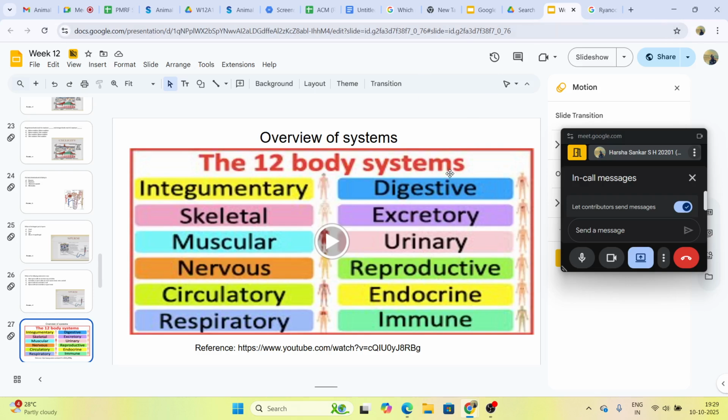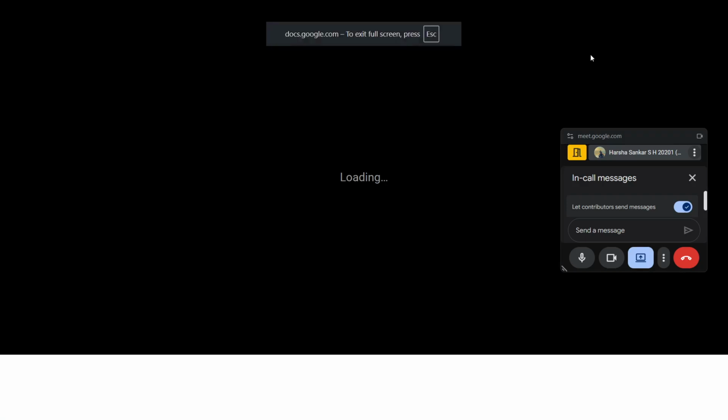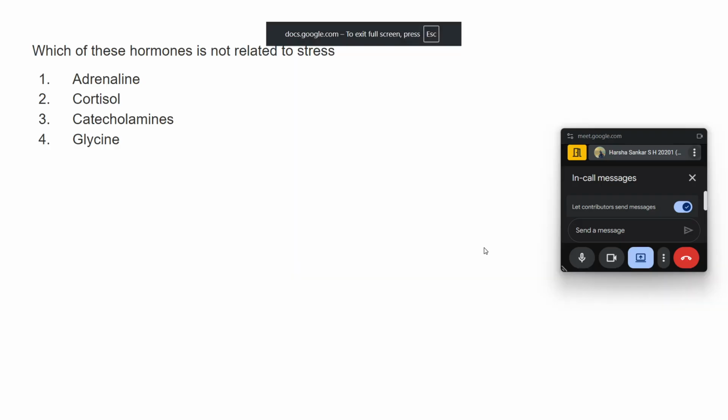So let's see some more questions. Which of these hormones is not related to stress? Option A, adrenaline. Option B, cortisol. Option C, catecholamines. Option D, glycine.